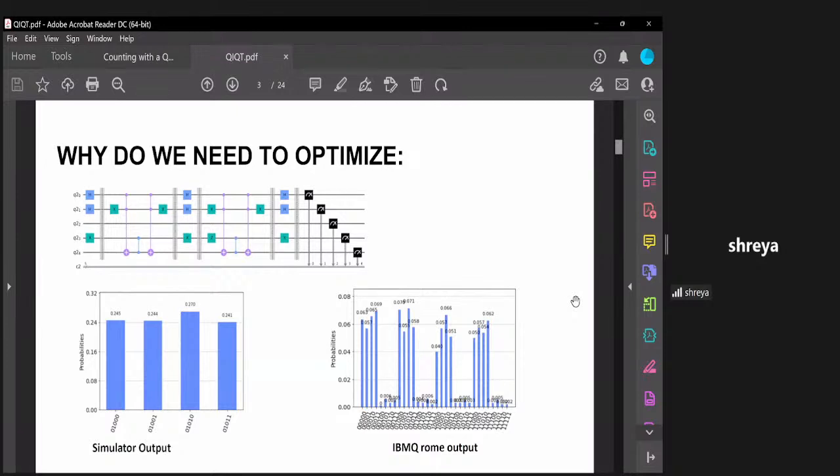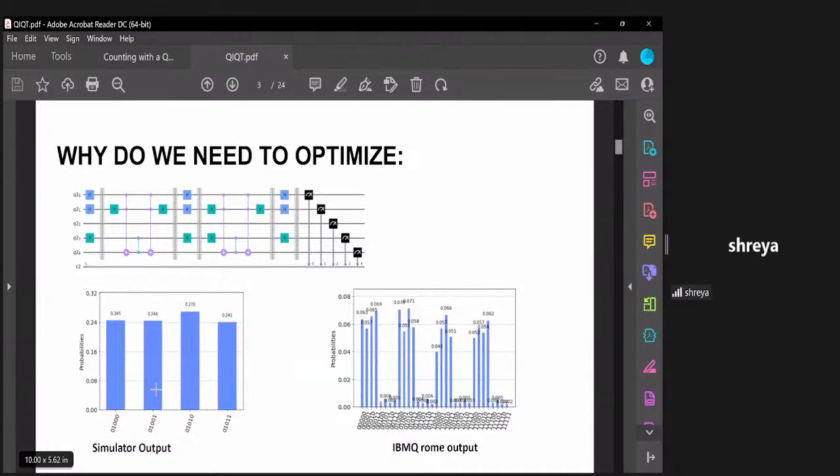But still, you can see the difference between the simulator output and the actual device output. The output states are not at all similar to the simulator outputs. It's utterly chaotic for such a small depth circuit.